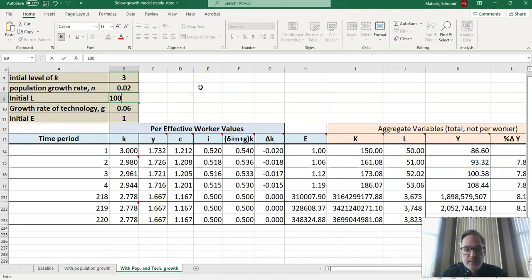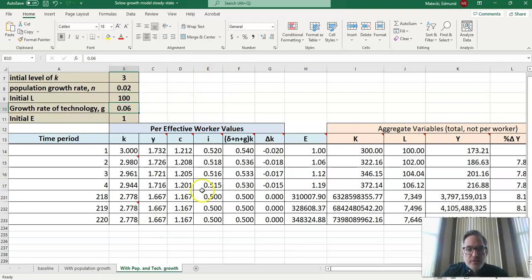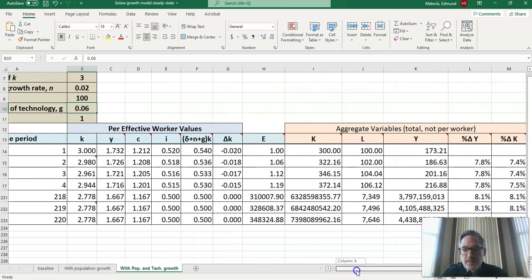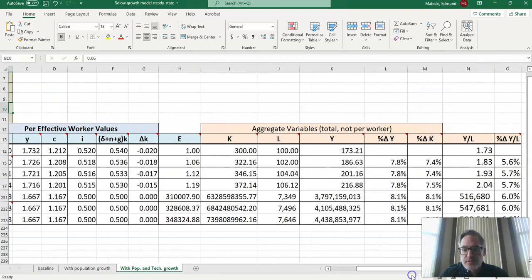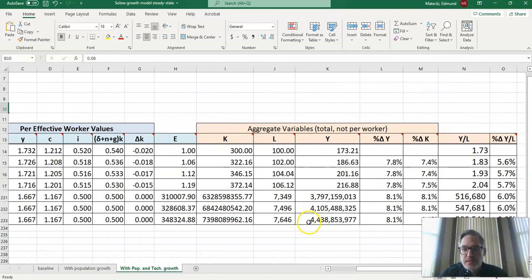When I click the change, you'll notice that the steady state values don't change at all. So what does change? Well, we now have a bigger population that's producing output, so our GDP has grown quite a bit. It's about twice as big as it was before. And the output per worker, though, has remained the same.